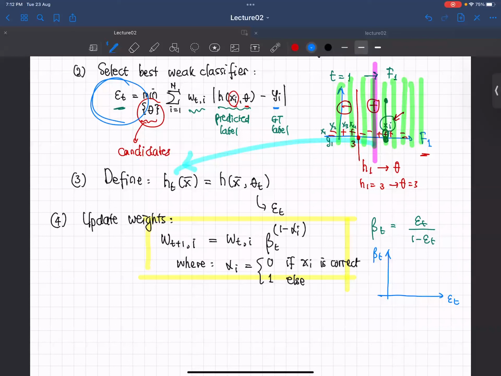Let's assume that epsilon is 0. In that case, beta will be 0.